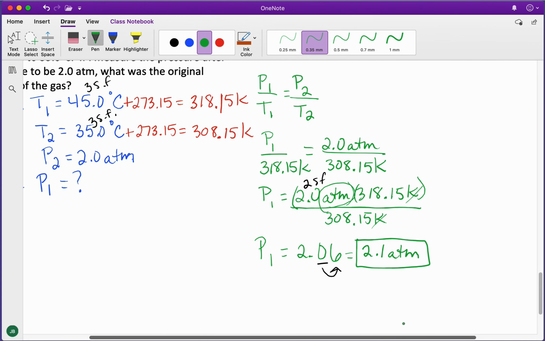All right, and then let's do it all over again using our other formula of pressure 1 times temperature 2 equals pressure 2 times temperature 1.